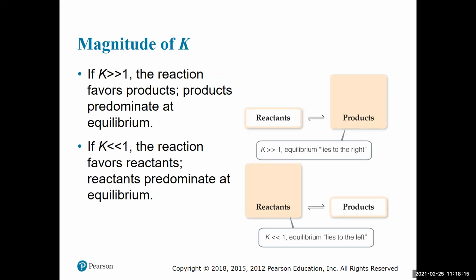And the phrase you may hear is this phrase in the little rectangular box: K greater than 1, equilibrium lies to the right. K less than 1, equilibrium lies to the left. And so remember, left would be more reactants, right would be more products. So that's the reason for that little saying that you'll hear people say sometimes.